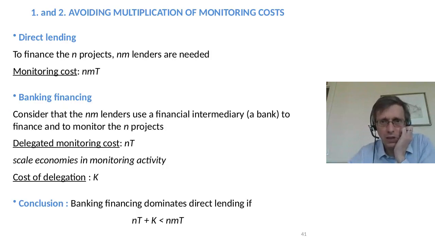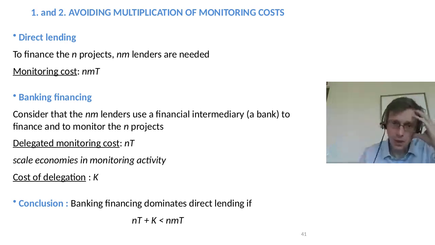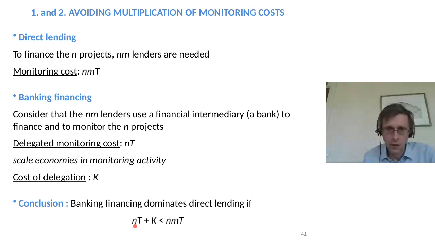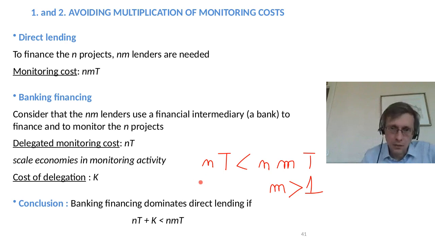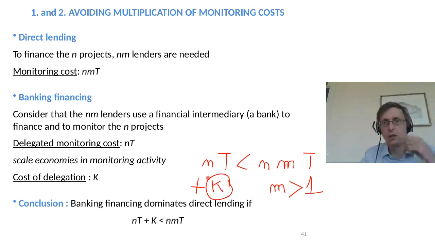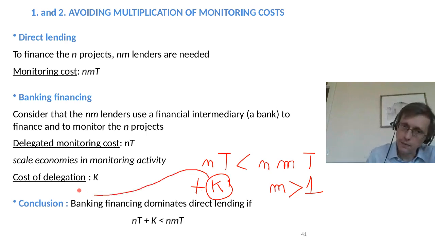Okay, so this is something we talked about yesterday. If you compare, everybody is able to understand that NT is strictly lower than NMT, because of course M is strictly higher than 1. But you also have to take into account capital K, which corresponds to the cost of delegation.